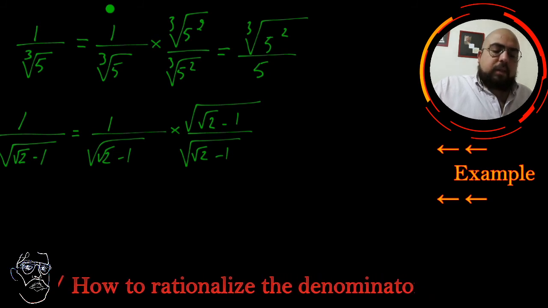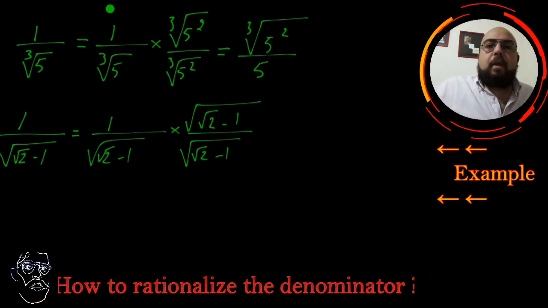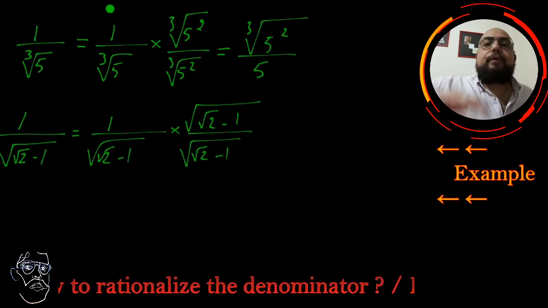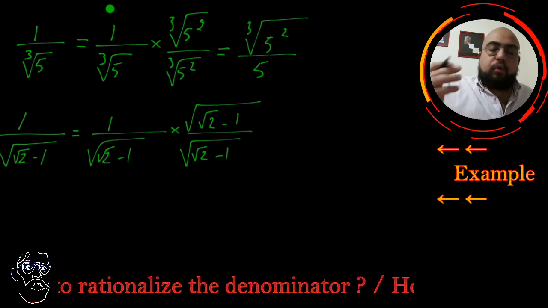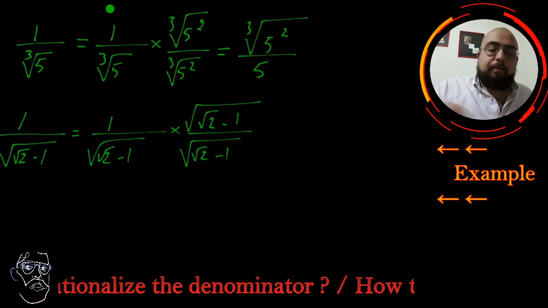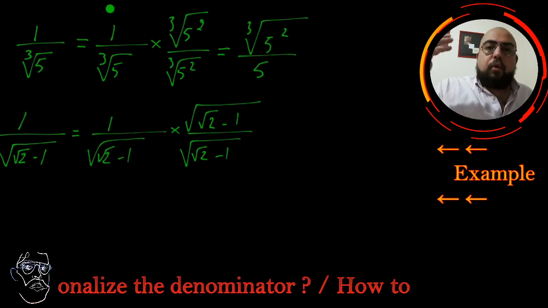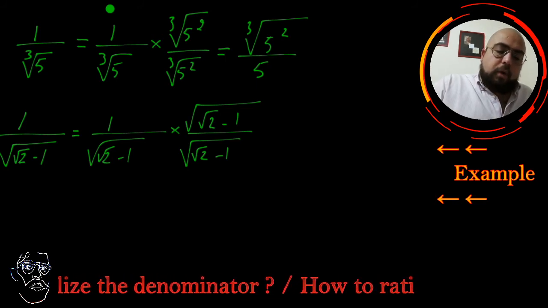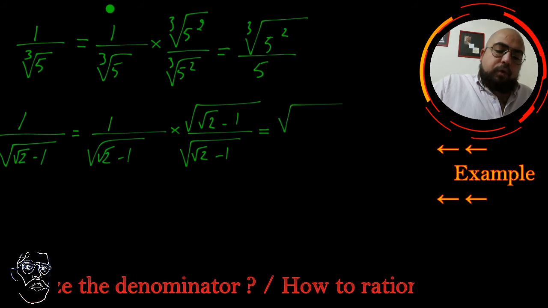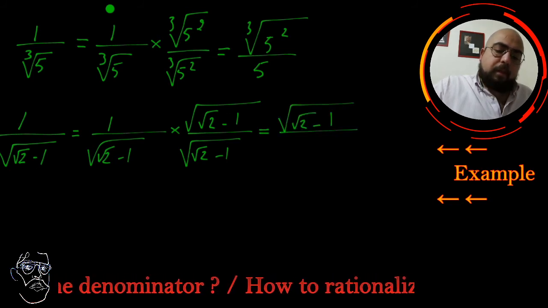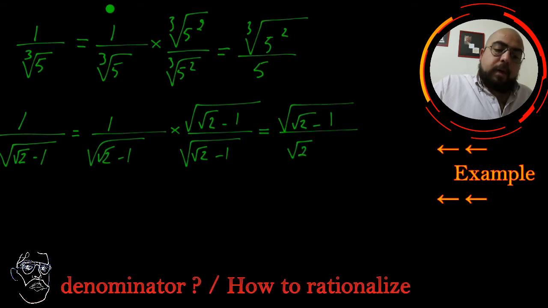I will consider this as 1 square root. It's similar to 1 over square root of a. The radical 2 minus 1, I can consider them as a. So I'm multiplying by radical of a over radical of a. So I will get the answer square root of 2 minus 1 over square root of 2 minus 1.